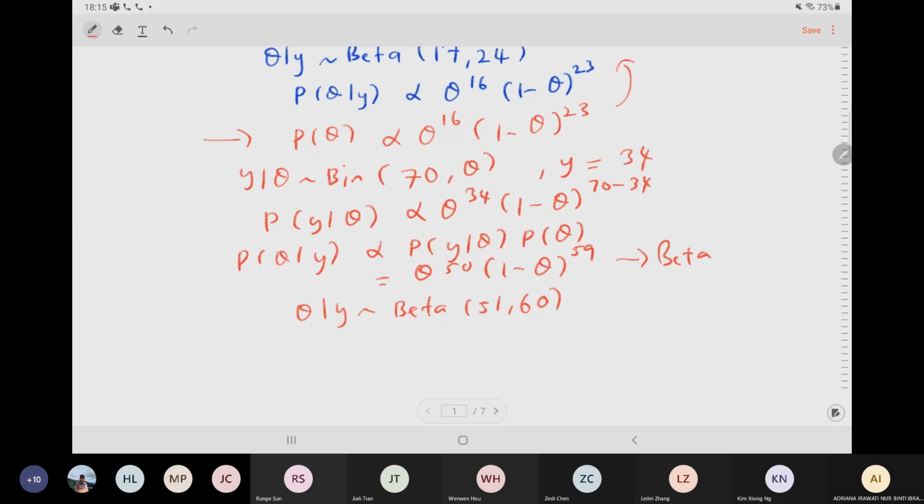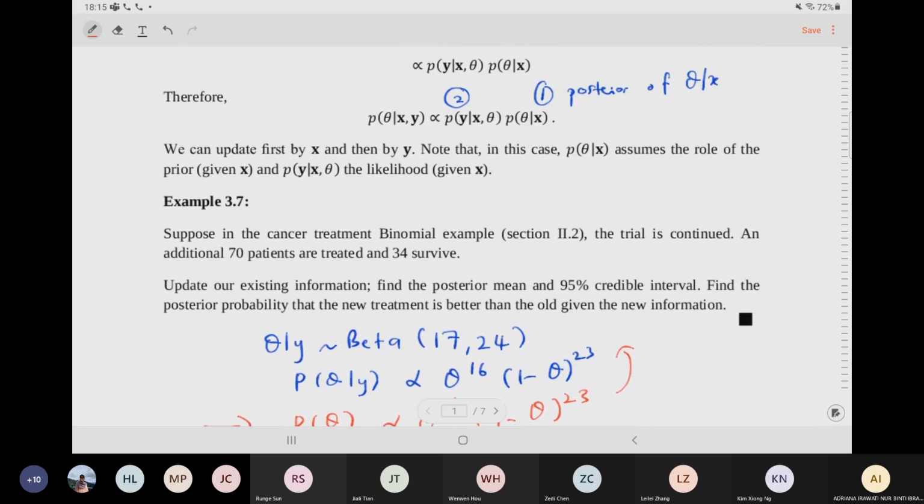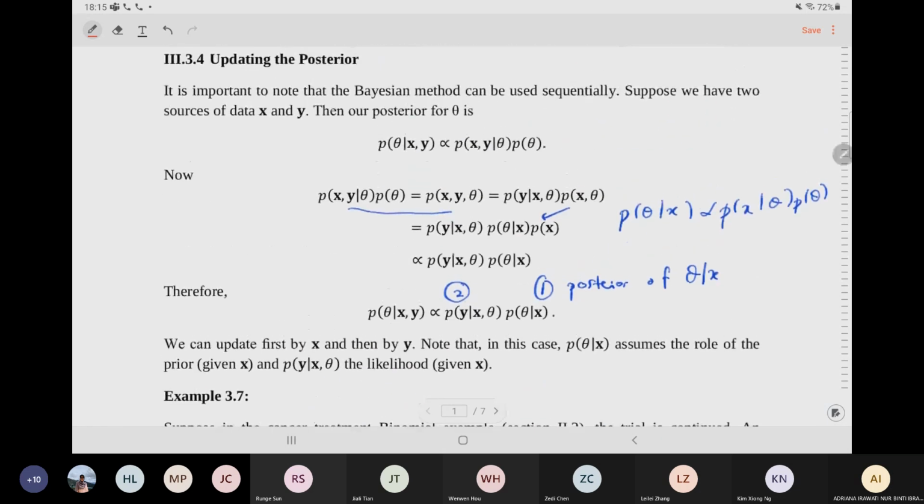So either you can use this sort of notation, where you put X and Y and so on.